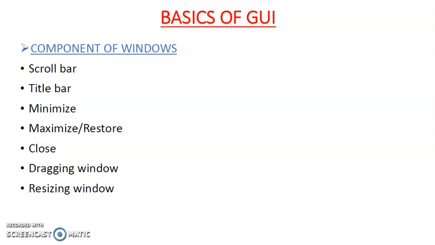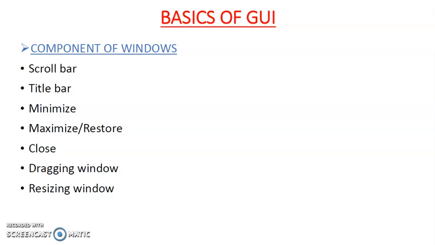The next topic, the basics of GUI, that is graphical user interface. Now you can see the components of Windows. The Windows operating system is a GUI based operating system. So the screen can be split into different partitions, and each partition can be of a different size.